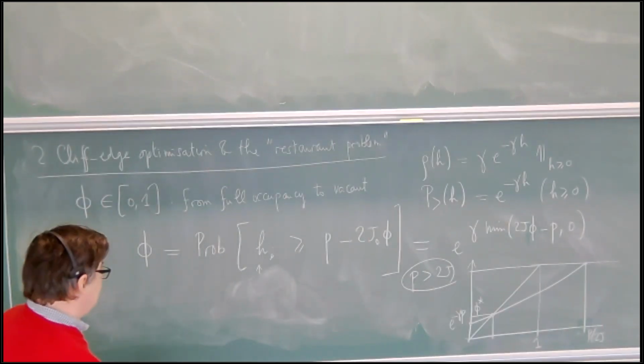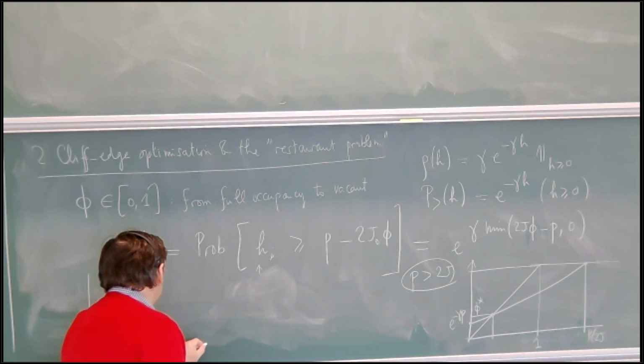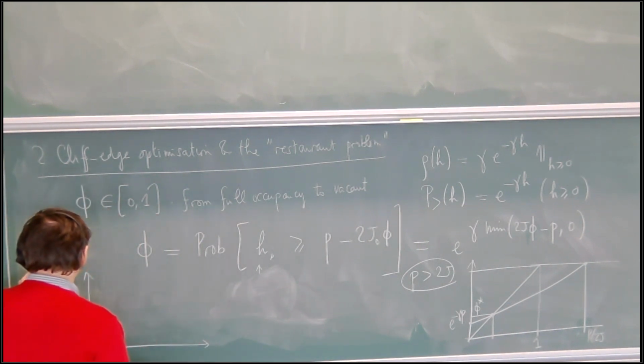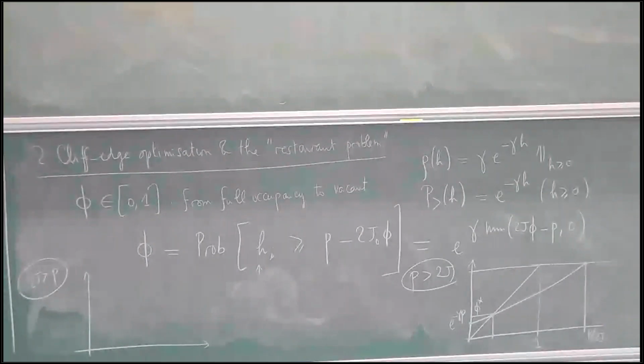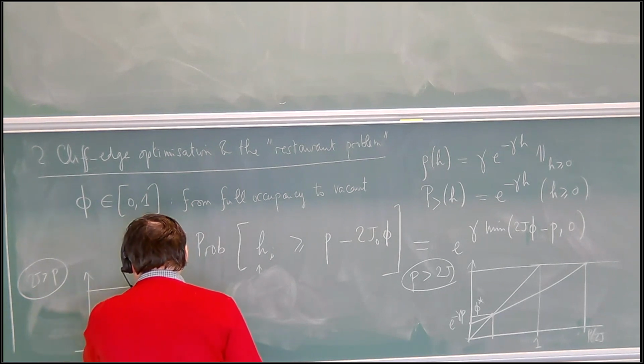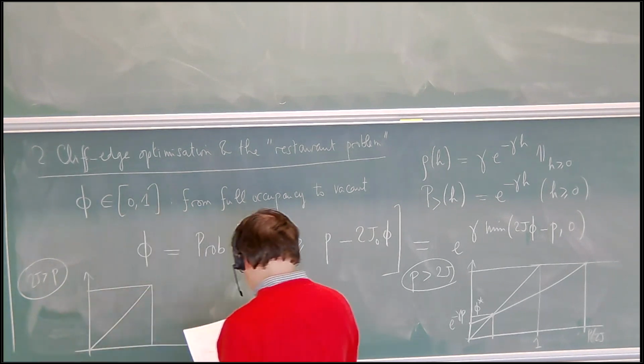Now what happens if 2J is greater than P? We know from the previous discussion that when social pressure is strong enough, interesting things can happen. Well, then again, drawing this little thing here.